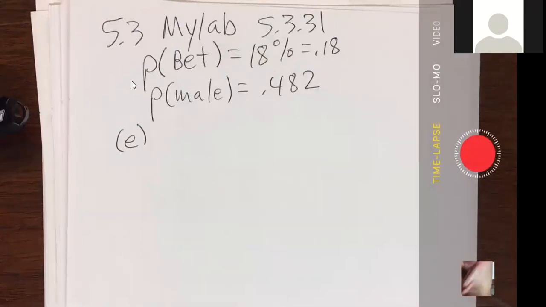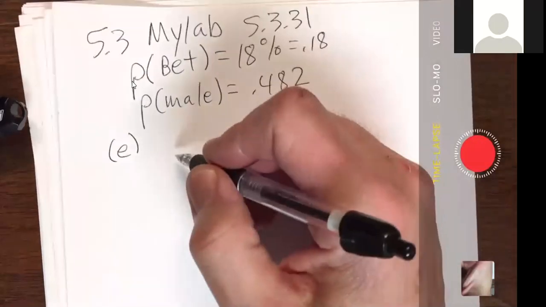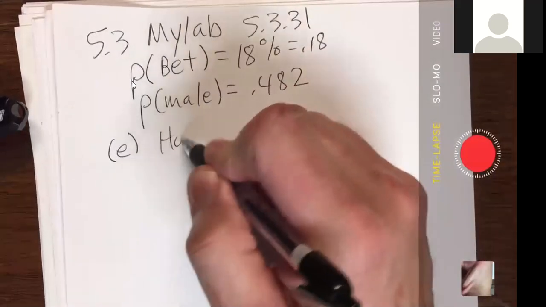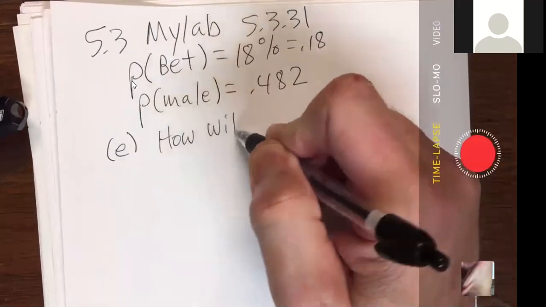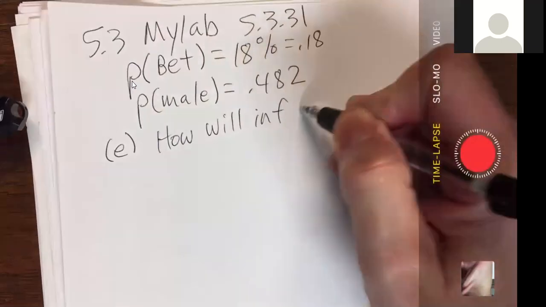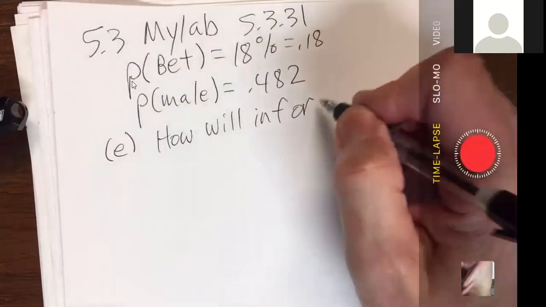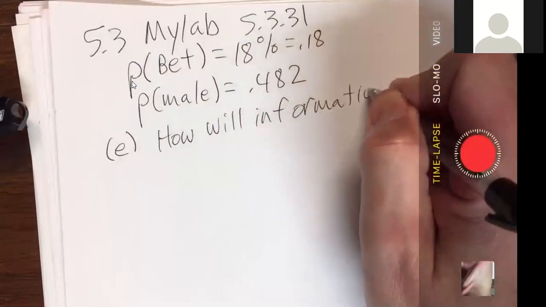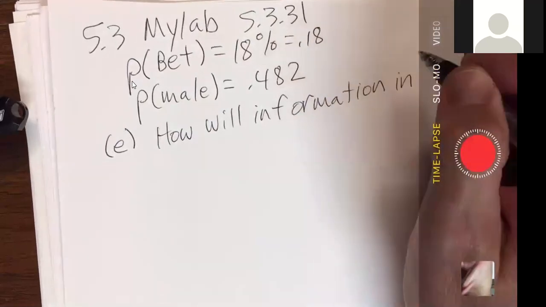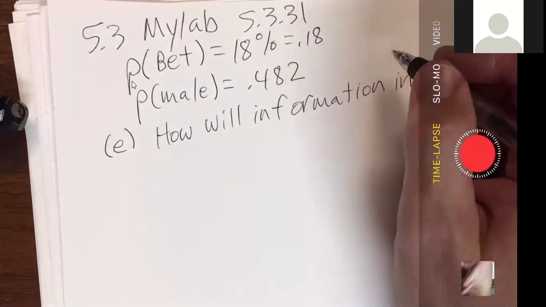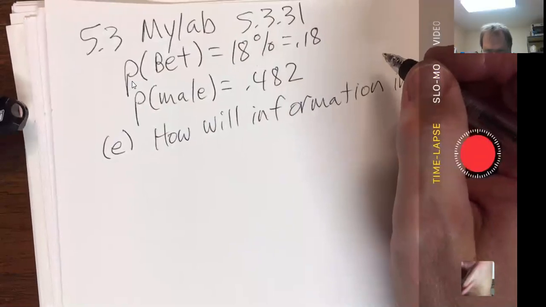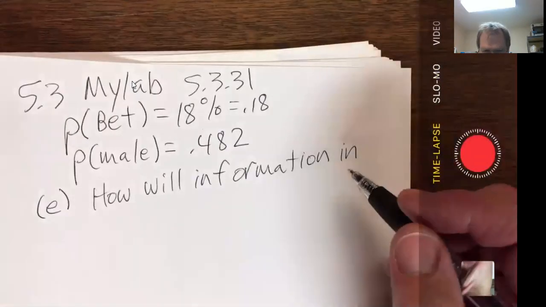All right, part E says, how will the information in part D affect the probability you compete in part C? Select the correct choice below and fill any answer box within your choice. Okay, I got this much.